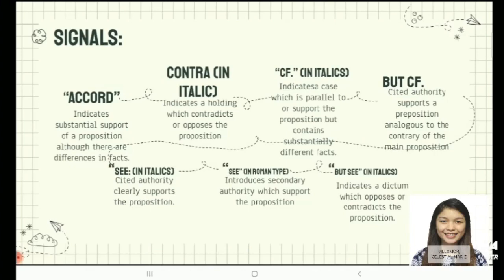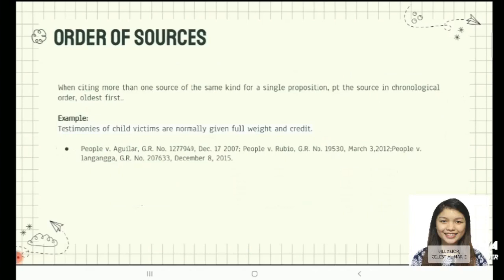For example, on the topic that testimonies of child victims are normally given full weight and credit, the sources cited are People versus Aguilar, G.R. number 127949, decided on December 17, 2007, followed by a case decided in 2012, followed by a case decided in 2015, which is the chronological order.